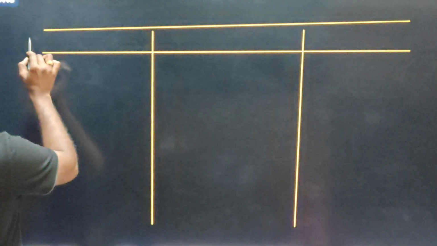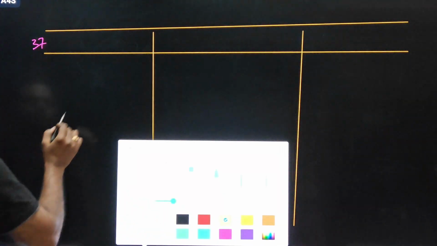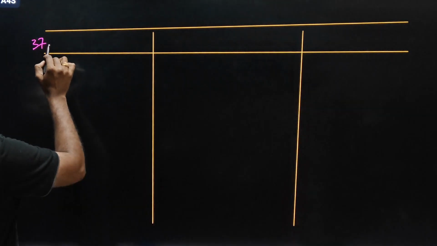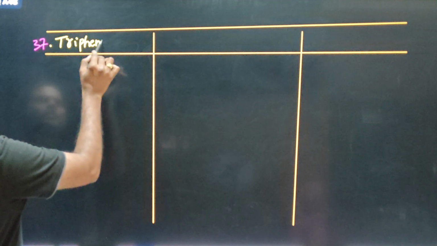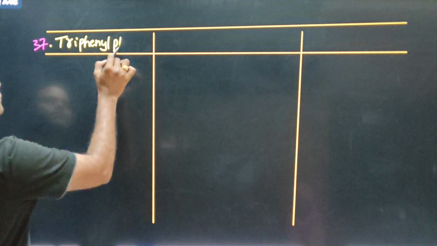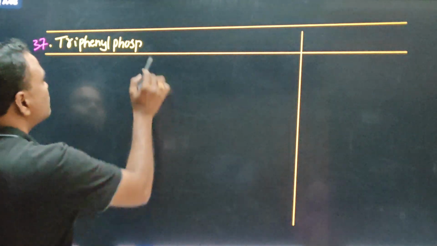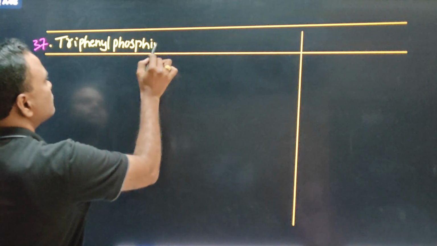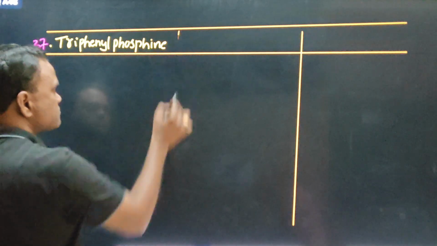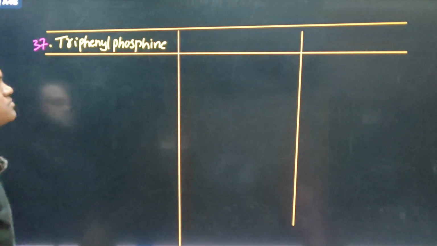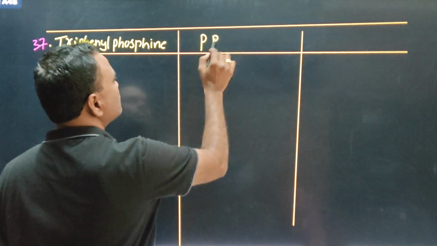Continuation. 37, triphenyl phosphine, PPh3.